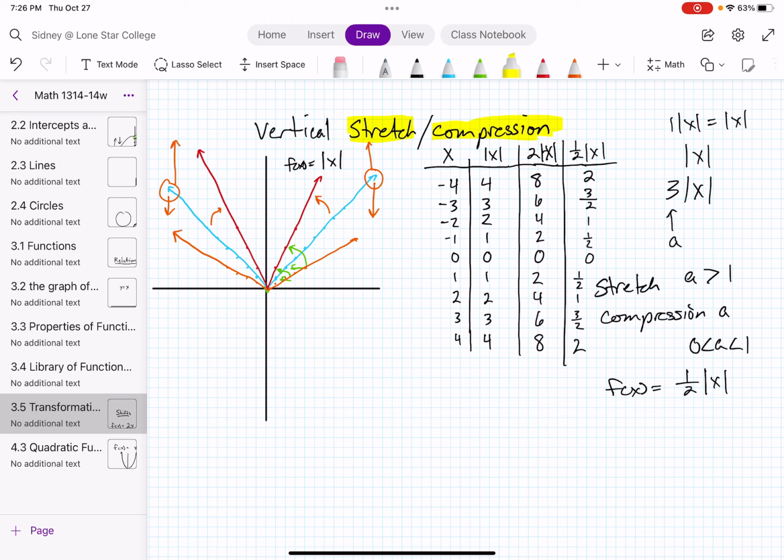And so we have the ability to pull up, vertically stretch by multiplying by an a value, a multiplier that's greater than 1. But we can also compress or flatten out a graph by multiplying it by a fractional value, something between 0 and 1.